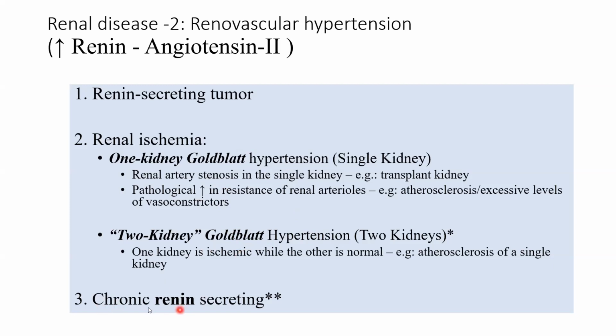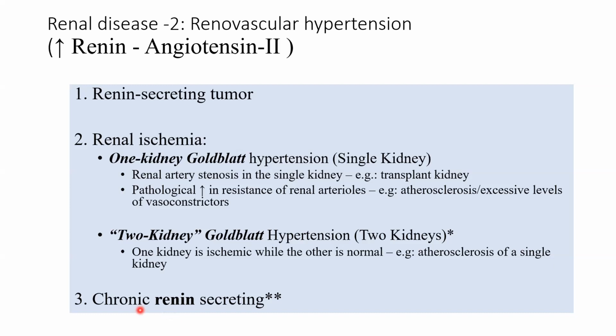Lastly, this chronic renin secretion is not the same as the tumor. Okay, this is actually quite different. So this tumor is actually a tumor of the renin secreting cells. However, this scenario is interesting in the sense that imagine a kidney which has part ischemic tissue, some patchy areas of ischemia, while the rest of the tissue is normal.